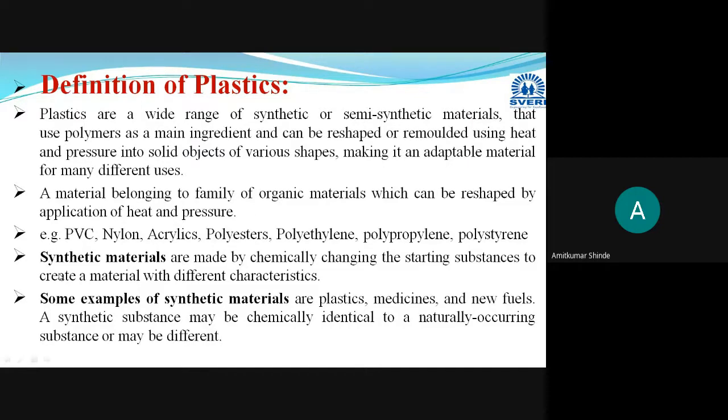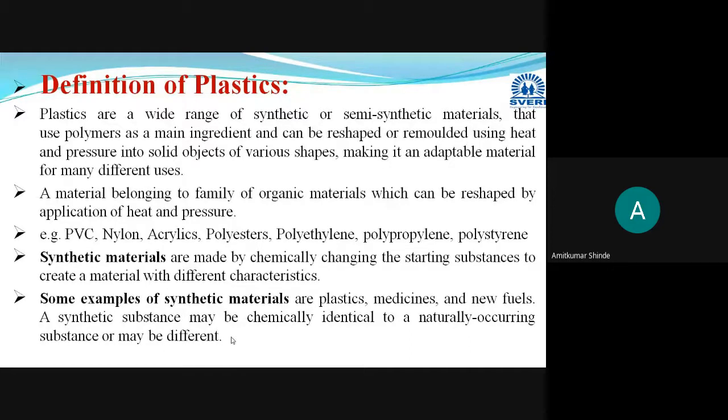This synthetic material part, they are not going to ask any question. I have just collected it for your information. What is the meaning of synthetic material? Synthetic materials are the materials which can be manufactured or made by chemically changing the original material. Suppose one source material is available, we are doing some chemical changes in that.